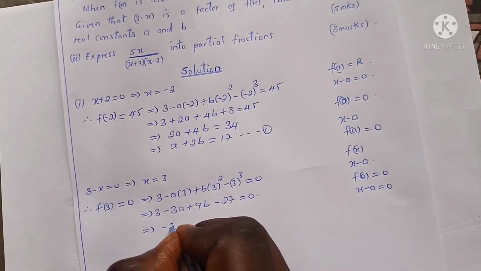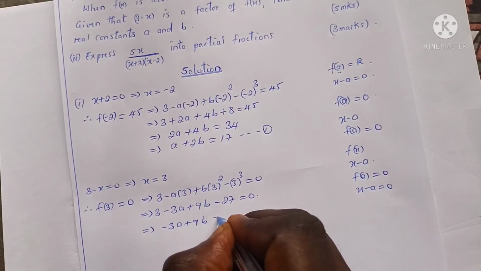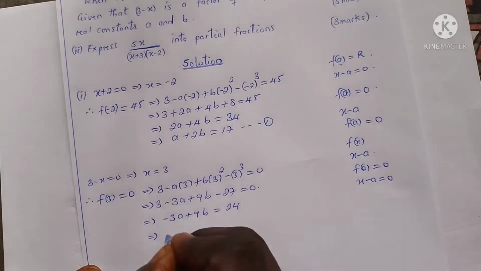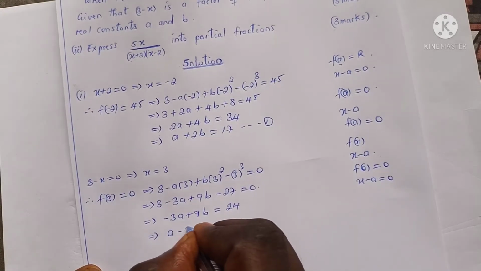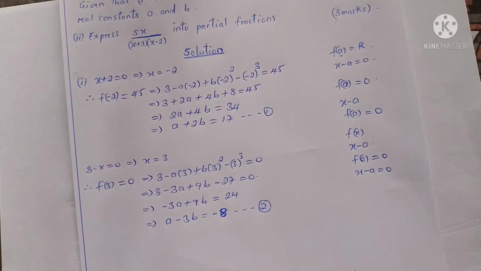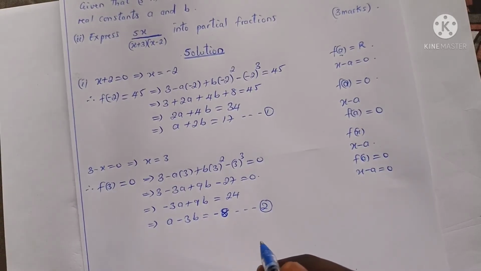Negative 3a plus 9b, which is equal to 24. So this implies that a minus 3b is equal to negative 8. That is by dividing both sides by negative 3. Let's call this equation 2.